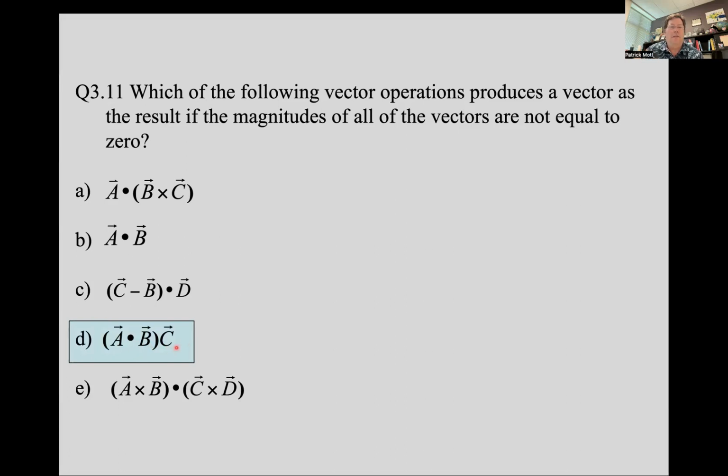I am multiplying a vector by a scalar, which gives me a vector. All right, E, I've got A cross B, which is a vector. C cross D is another vector. So I have vector dot vector, which is a scalar. So out of these, A, B, C, and E are all just numbers, or just scalars. D is giving me a new vector. All right.